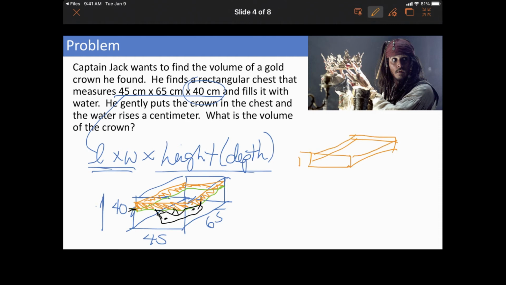So it's 1 by 45 by 65. So I'm going to find the volume of the water. It's 45 times 65 times 1. Or you didn't need to multiply the 1. Centimeters cubed.